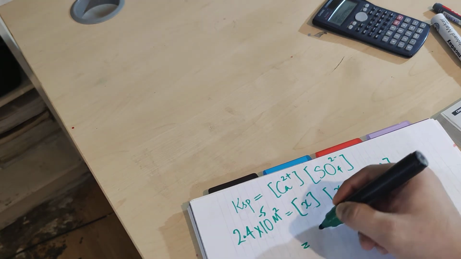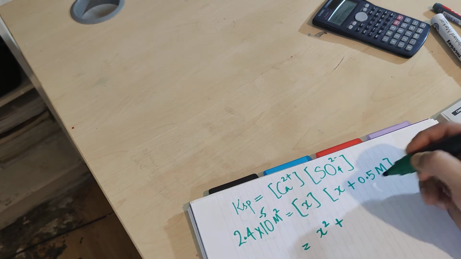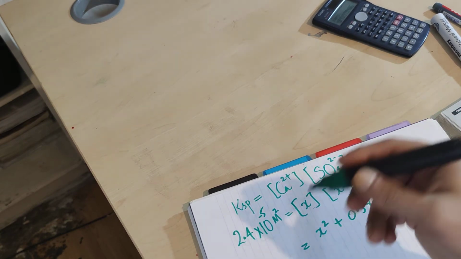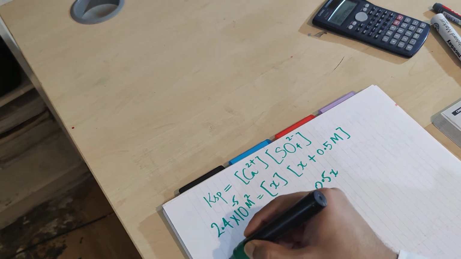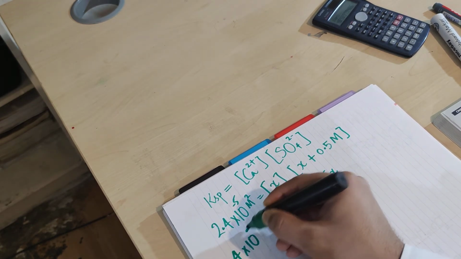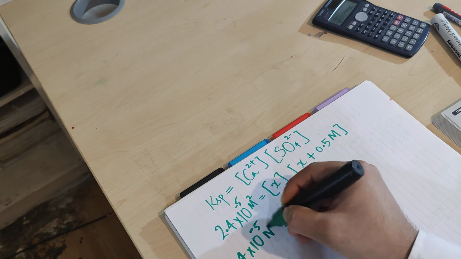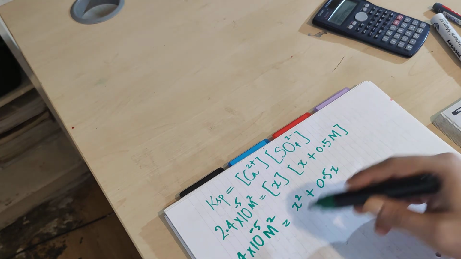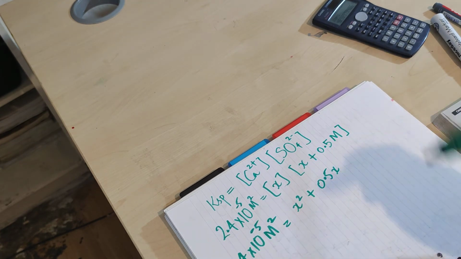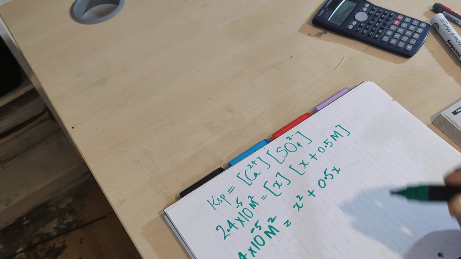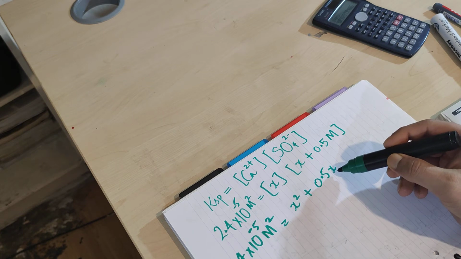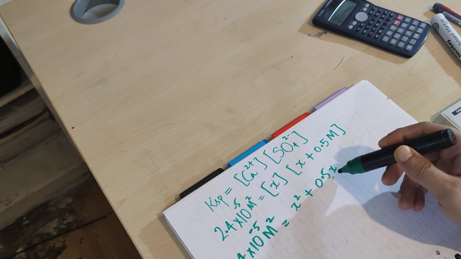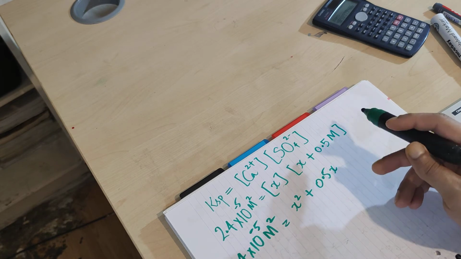Now when you multiply it, you'd get X squared plus 0.5X, and it will form a quadratic equation. Then you'll have to use the quadratic formula, unless you assume this to be negligible.